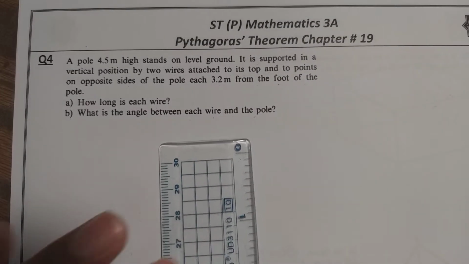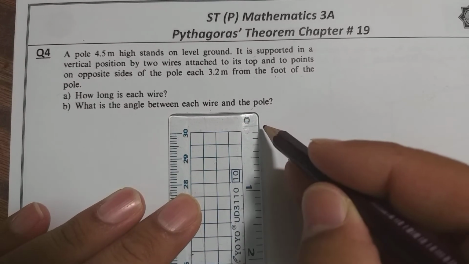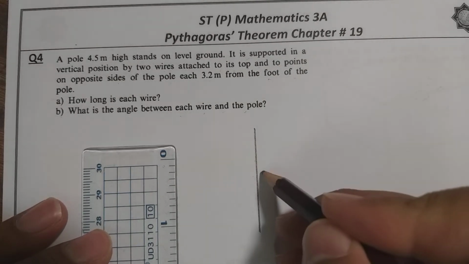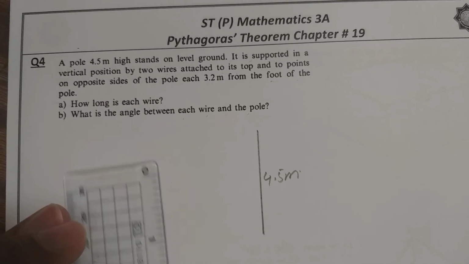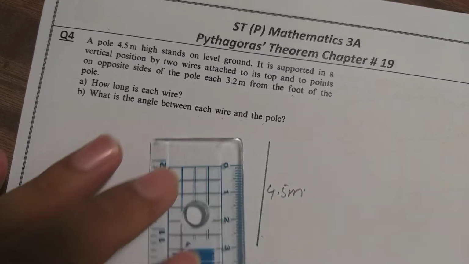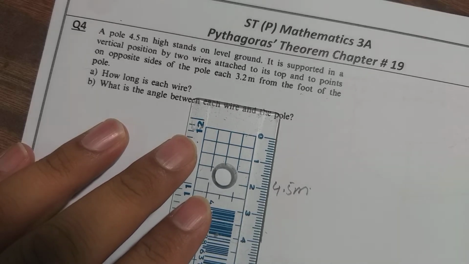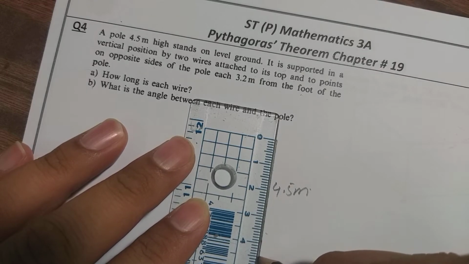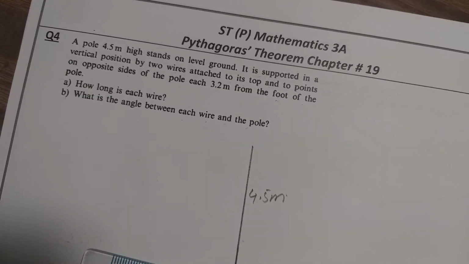So the pole is 4.5 meter. If we draw the line, for example, this is the pole, 4.5 meter, and the wire is 3.2. If we draw with the ruler, it becomes approximately here. But no need to draw on the scale, it doesn't matter whatever the size.